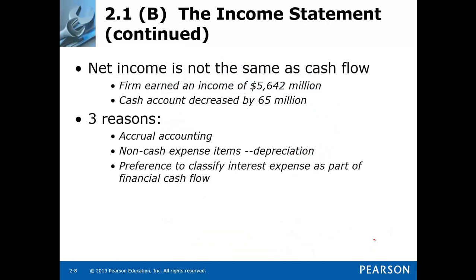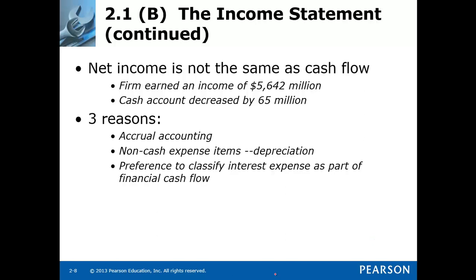Now, something you need to keep in mind. Net income is not the same as cash flow, because net income includes depreciation/amortization, which is a non-cash item. Net income is different than cash flow.